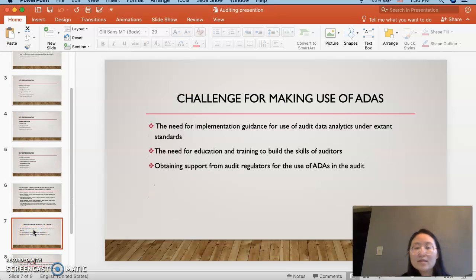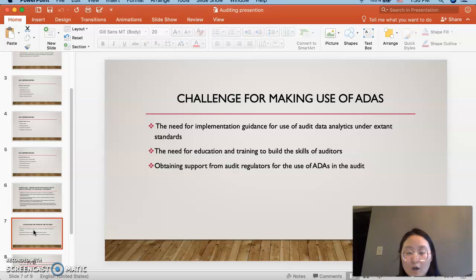Okay. There are also some challenges for making use of audit data analytics. So first, the need for implementation guidance for the use of audit data analytics in the extended standard.